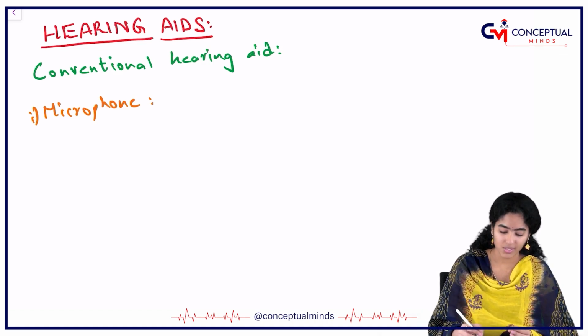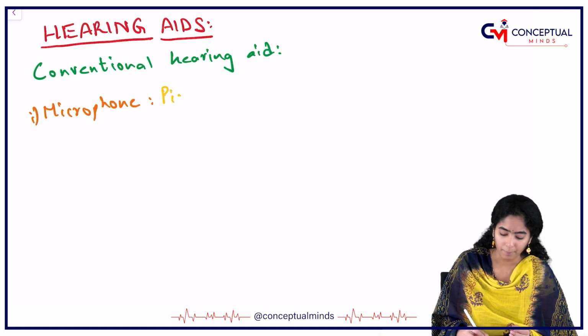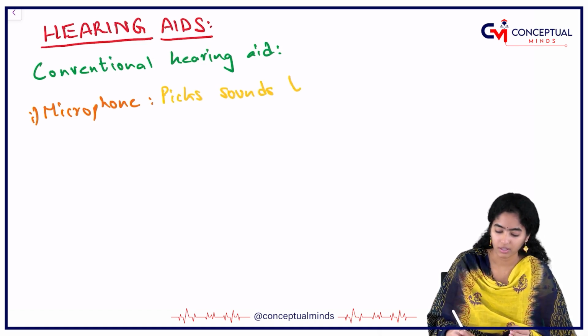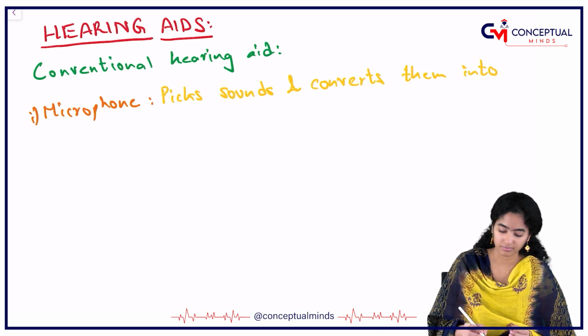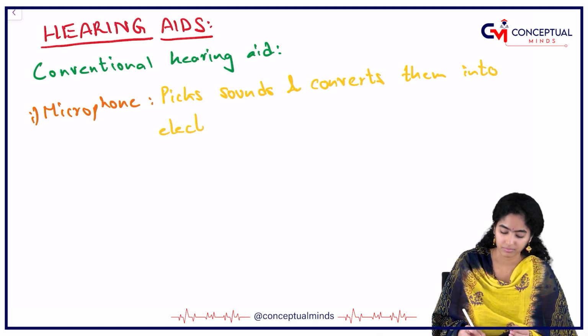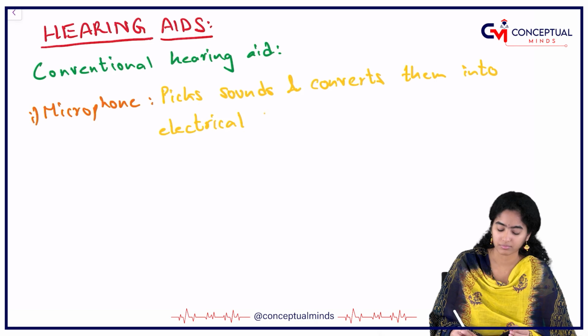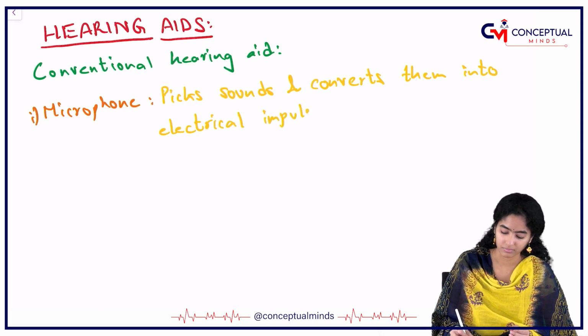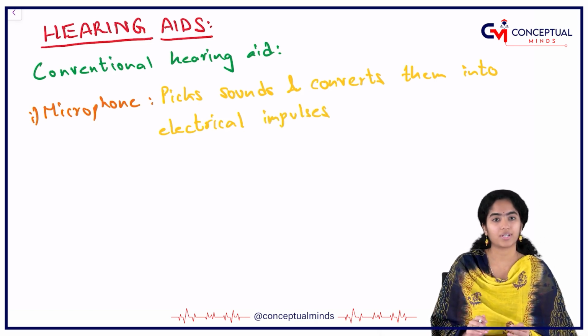That is why electricity is required for microphone functioning. So what does a microphone do? Microphone picks sounds and converts them into electrical impulses. This is the first part.